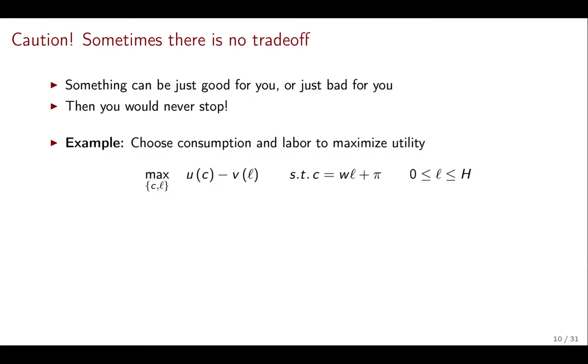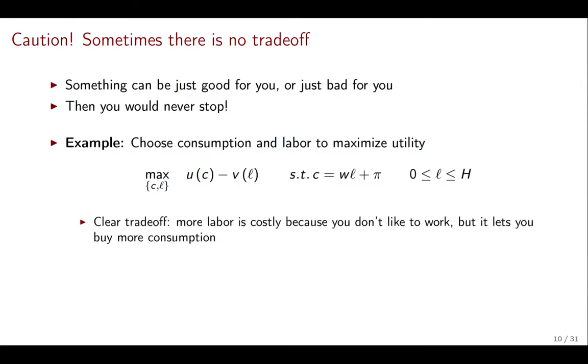Now, this is an example that we're going to cover in detail in our next video, but let me give you a preview. I'm going to choose consumption and labor to maximize utility. We're going to be subject to a budget constraint and of course to a time constraint for how much leisure or labor we can have. In this case, this L is for labor. So the clear trade-off here is that more labor is costly because you don't like to work, but it lets you buy more consumption and you like consumption.